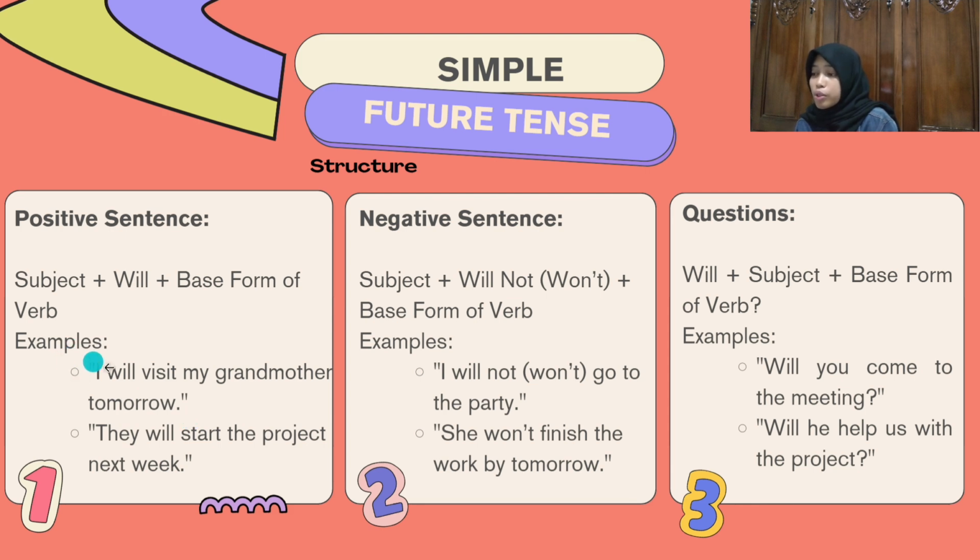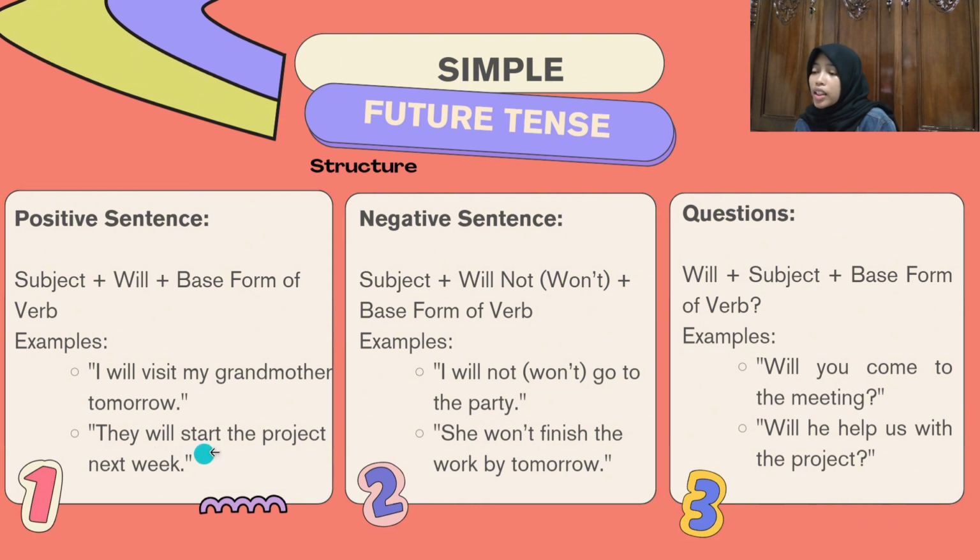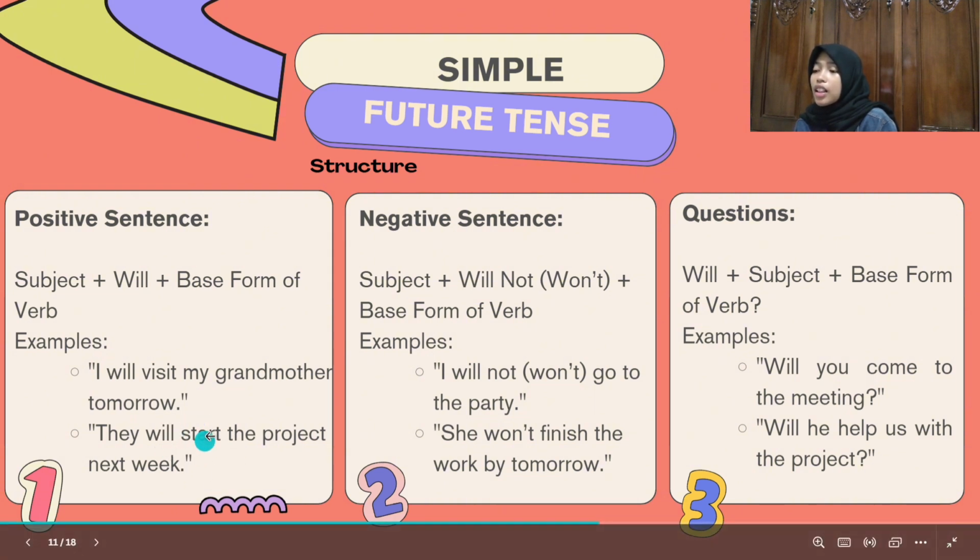I as a subject plus will plus visit as a base form of verb. Okay, and then next example is they will start the project next week. They as a subject plus will plus start as a base form of verb.